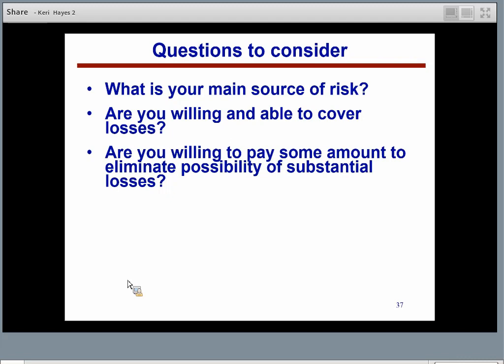Price risk, you can think of forward contracts, futures contracts, things like that. Same is true for livestock ranchers. Managing that price risk is really the main component there. And so how do we manage that? Well, forward contracting is a really common way, although you also can try the futures market to manage that risk as well.